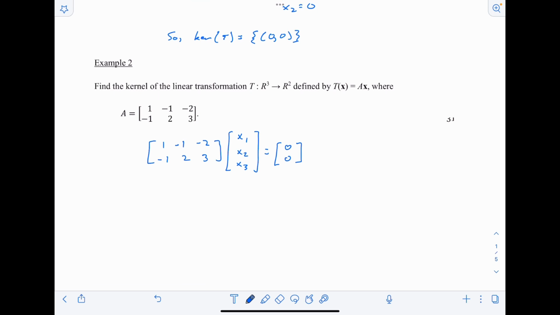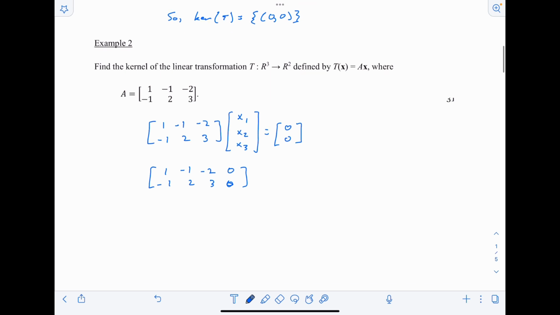So in this case, we're going to set this up in the form of an augmented matrix: 1, negative 2, 0, and negative 1, 2, 3, 0. We're going to put it into reduced row echelon form and use that to find the kernel.